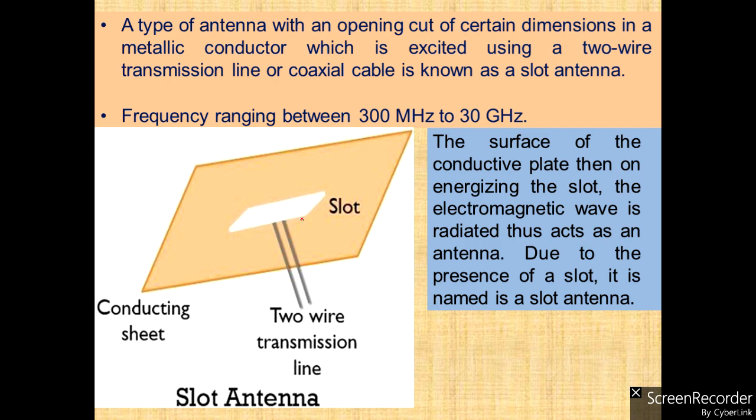On energizing the slot, the electromagnetic wave is radiated from the surface of the conductive plate, thus acting as an antenna. Due to the presence of a slot, it is named a slot antenna.